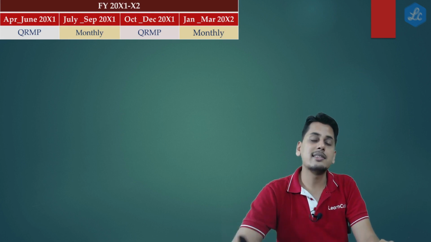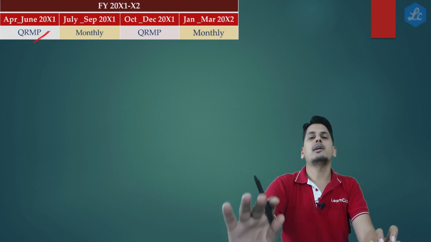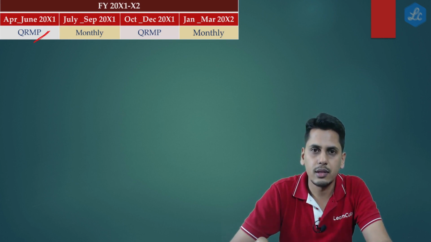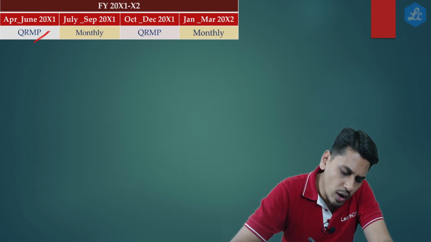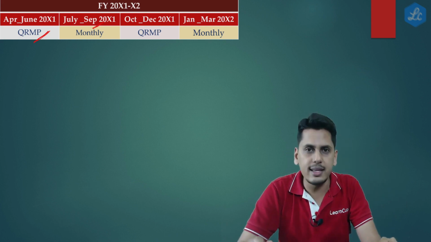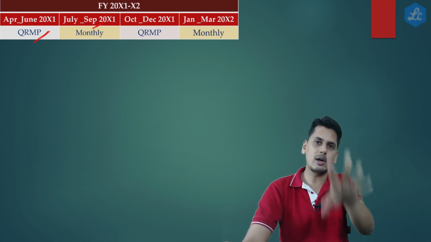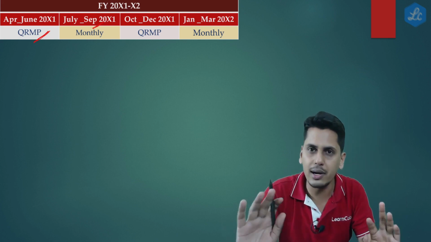Another scenario. Friends, let's say a registered person opts for the QRMP scheme for the quarter April to June. Now for the quarter July to September, can he switch over to the monthly scheme? His aggregate turnover did not cross 5 crores. Had it crossed 5 crores, he should have mandatorily come under the monthly scheme.